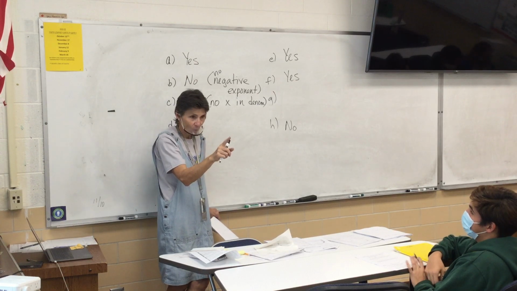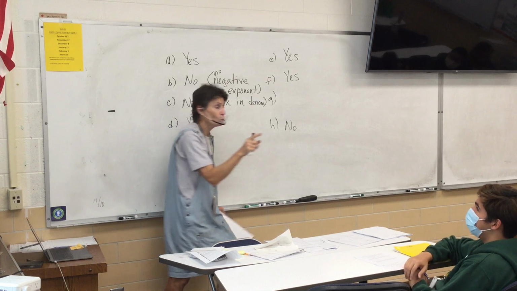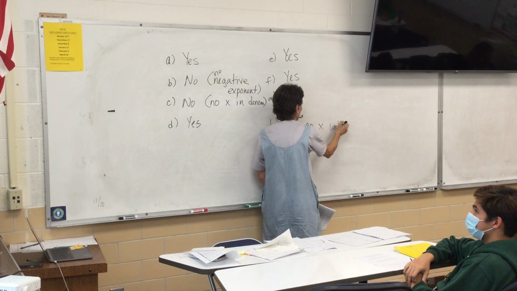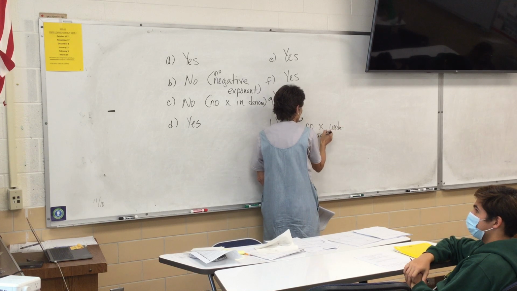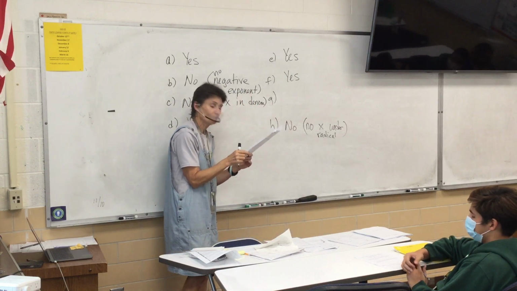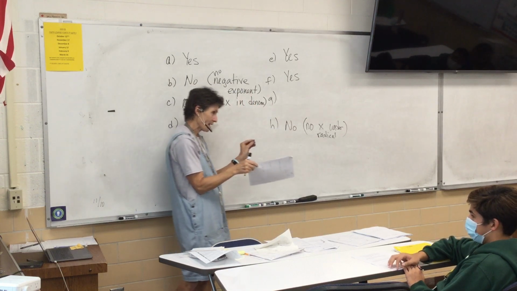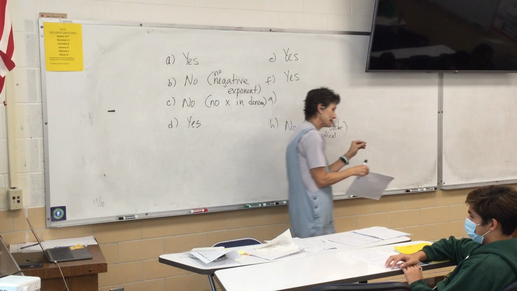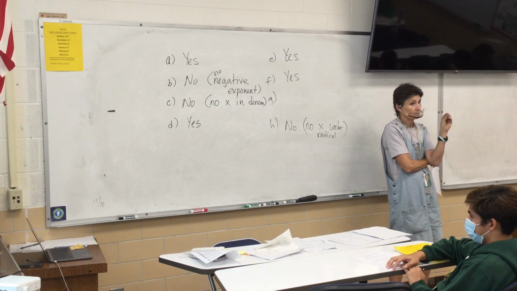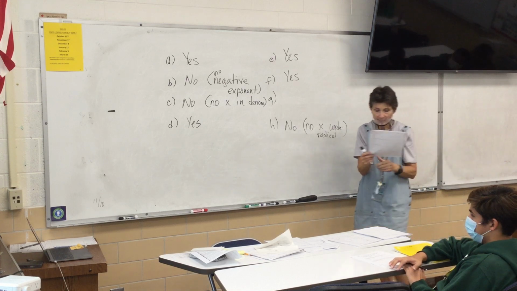Exactly. They both have radicals. But the rule is no x under a radical. That's the rule. What is under the radical in problem F? A 5. There's nothing wrong with that. The rule is no x under the radical. Okay? And finally, what about G?